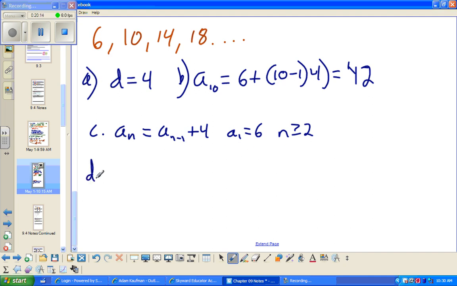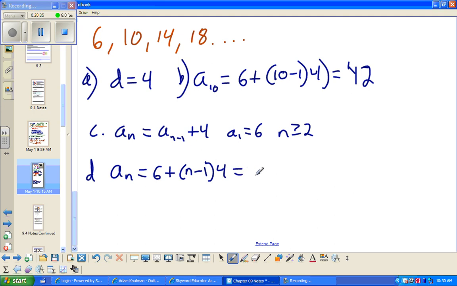So the last part, D, says find the explicit rule for the nth term. Well, that's using that formula again. So a sub n would equal 6 plus n minus 1 times your difference, which is 4.